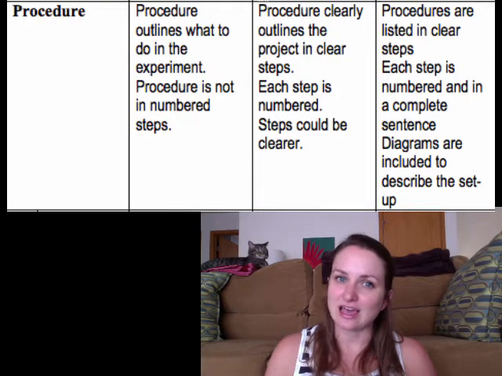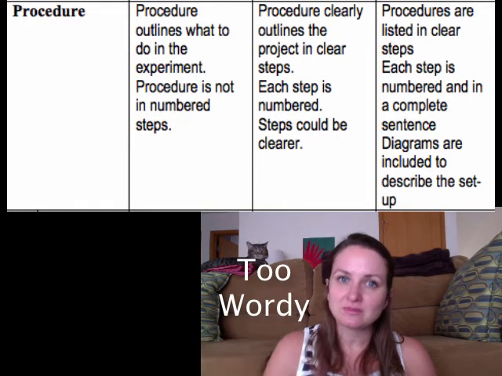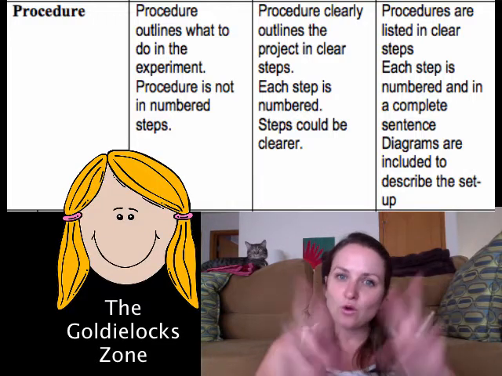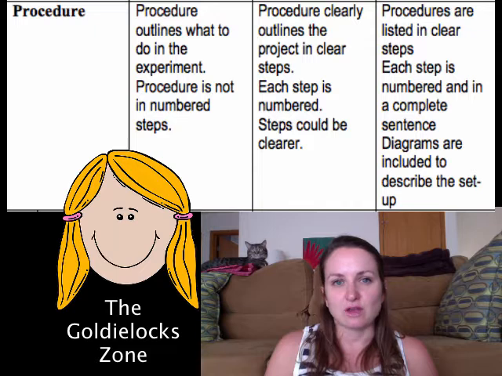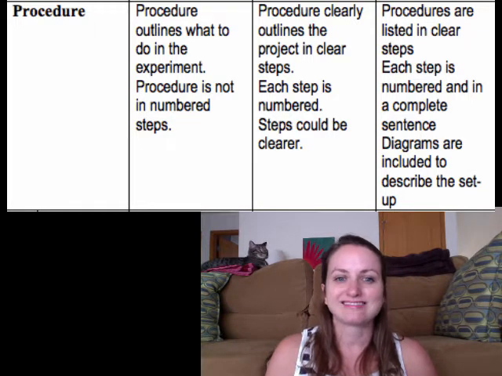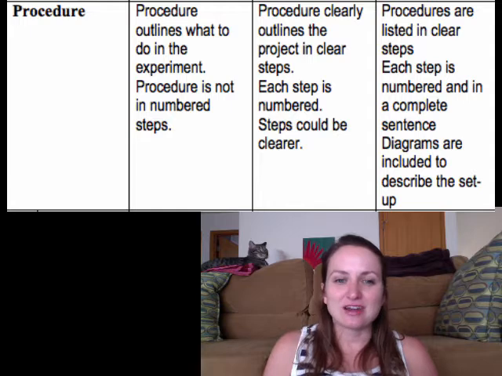See the difference? I got into the too wordy column. Okay. You want to make sure that you hit that middle, the Goldilocks column, the just right between too wordy and not so wordy. You with me? All right, let's dive into our next step.